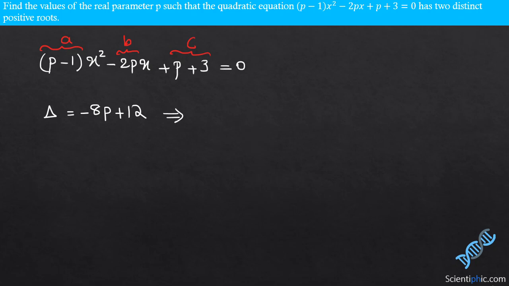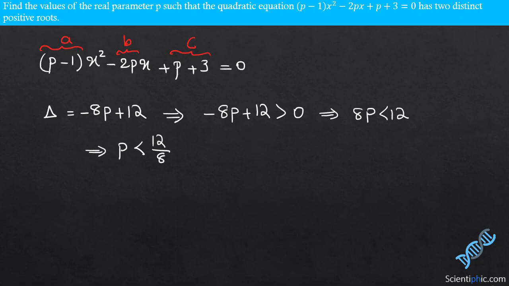So minus 8p plus 12 should be greater than 0, which means that 8p has to be less than 12, meaning that p needs to be less than 12 over 8, or p has to be less than 3 over 2.